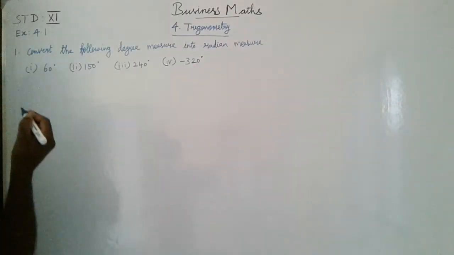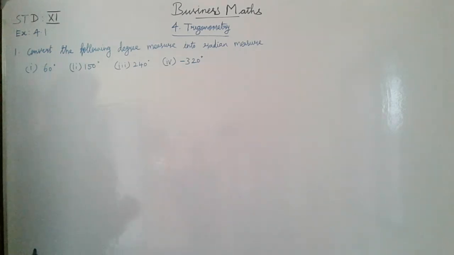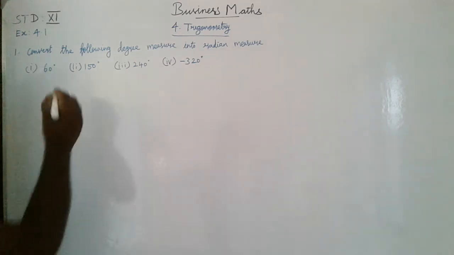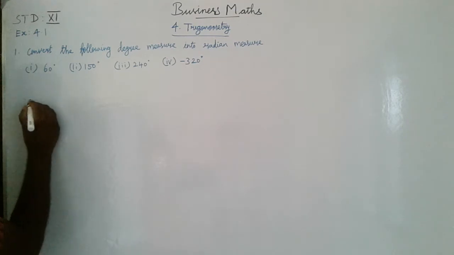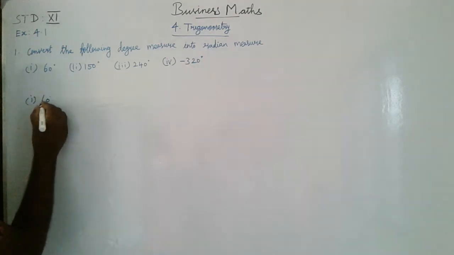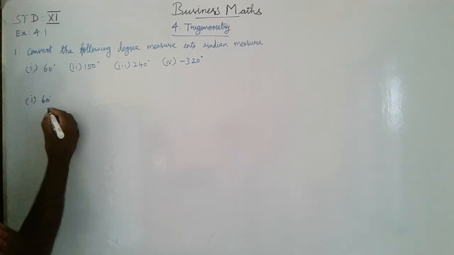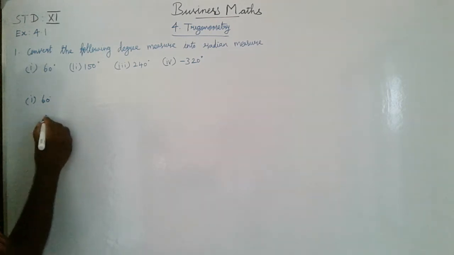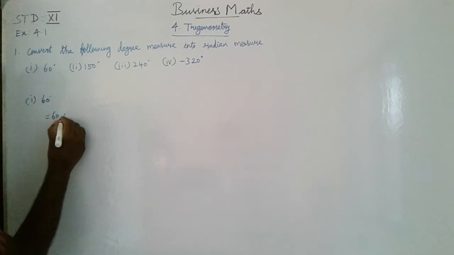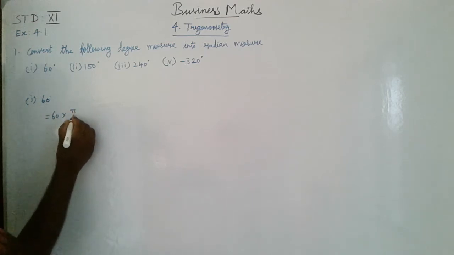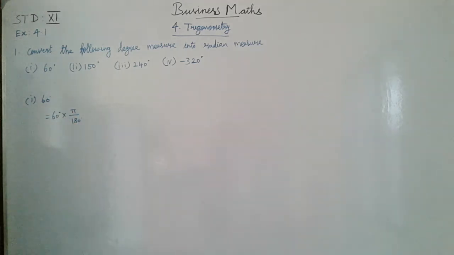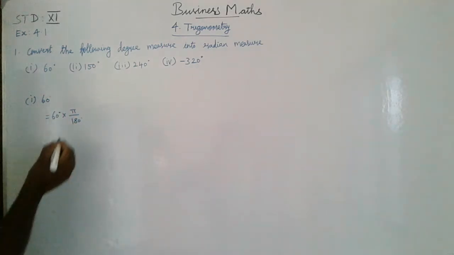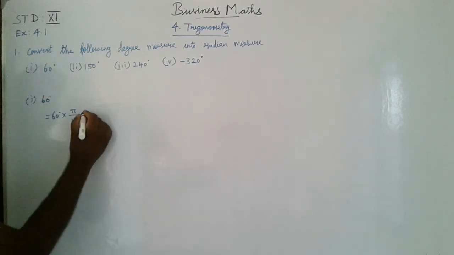Exercise 4.1. First sum: convert the following degree measures into radian measure. So first one is 60 degree. We should convert it to radian, which means we multiply by pi divided by 180 radians.